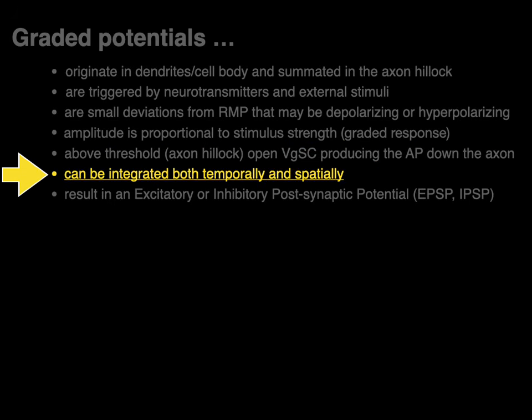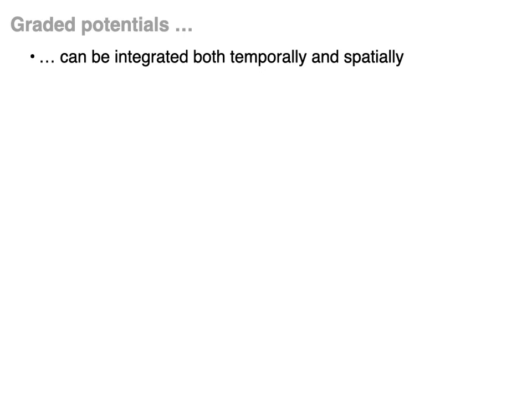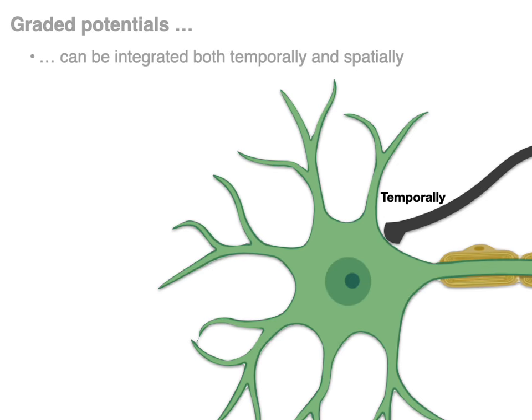So graded potentials can be integrated both temporally and spatially. Now, what does that mean? Well, temporally, it means like this. There's a presynaptic neuron, and then there's the axon hillock. Now watch, that one neuron keeps firing, and it keeps making the membrane potential in the axon hillock less negative.